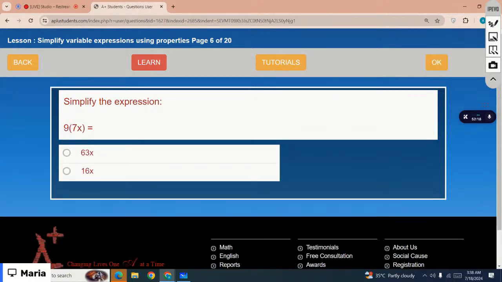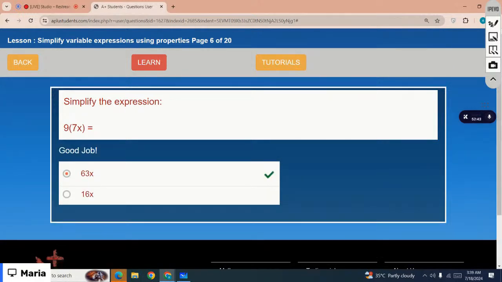Simplify the expression 9 times 7x, which is the correct option. Option number one is the correct option. 63x is the correct option.